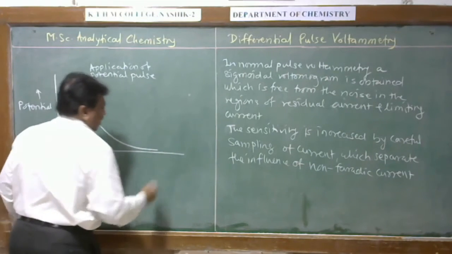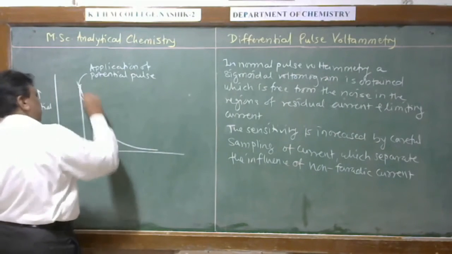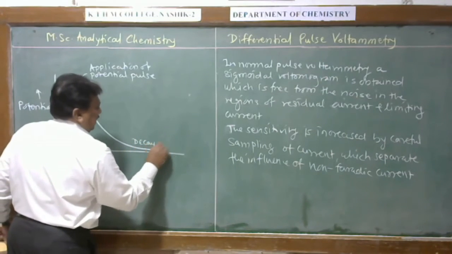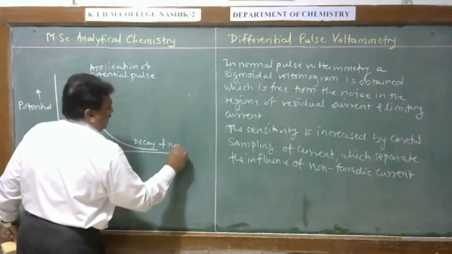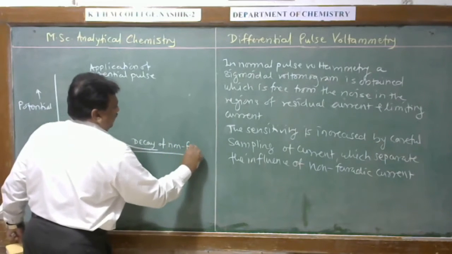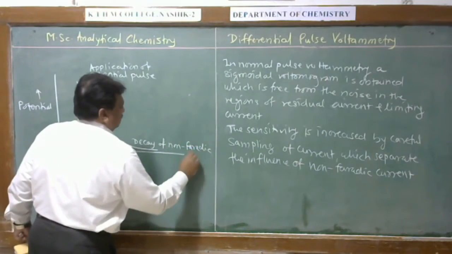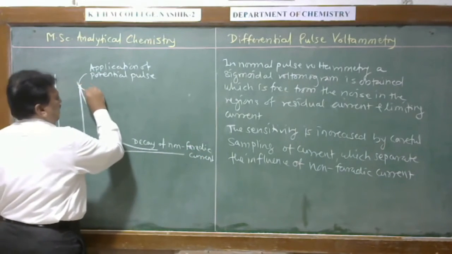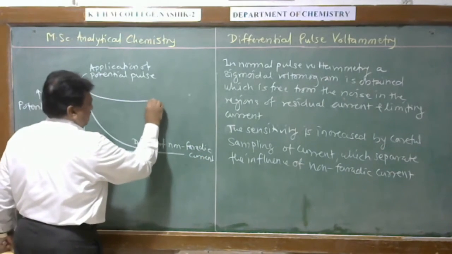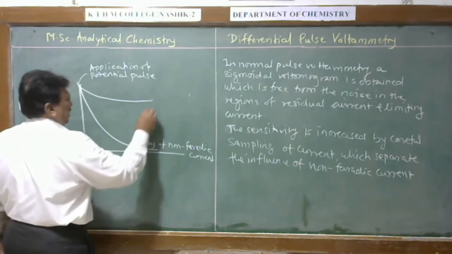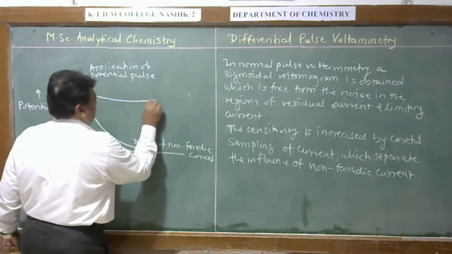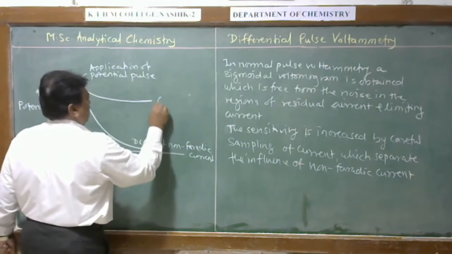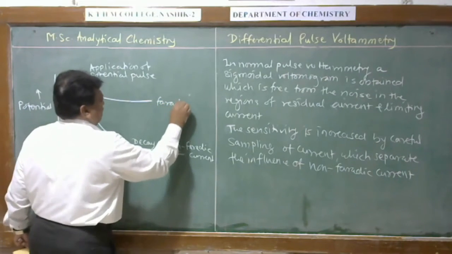This is the decay of residual current, this is the decay of non-Faraday current, and here a little bit of Faraday current also decreases and it becomes constant at the end of the lifetime of the mercury drop. This is the Faraday current.